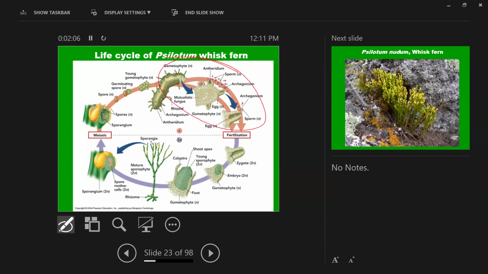They're trying to show that on one gametophyte, you have both male and female. Most gametophytes are separate: there's a male one, then there's a female. But we can have this situation where they're on the same one. So you would say it could be monoecious, one house for both male and female.